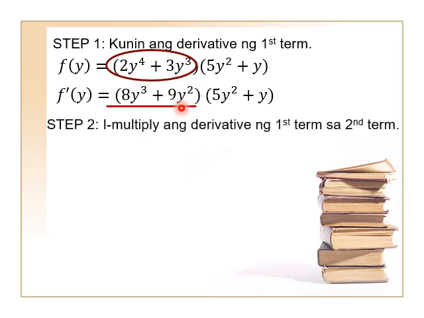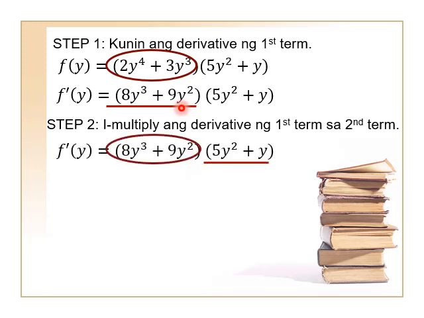Then, multiply natin yung derivative ng first term sa second term. Yan, multiply natin silang dalawa. So, now we have this. So, using the FOIL method, we can have 40y raised to 5 plus 8y raised to 4. So, ito yung 40y raised to 5. And then, yung 8y raised to 4.